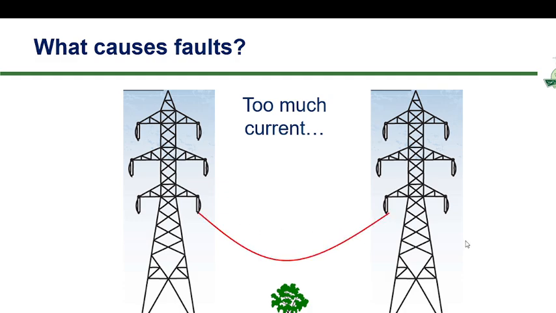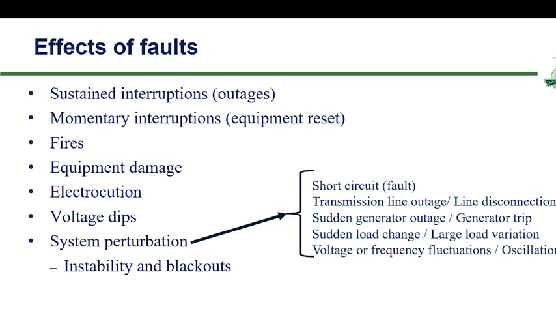If the conductors come into contact with vegetation or get too close, it can result in a short circuit or flashover. Therefore, controlling current levels and maintaining proper line clearance are essential to prevent such faults and ensure safe and reliable operation of the networks. Okay, this slide summarizes the main effects of faults in power systems.